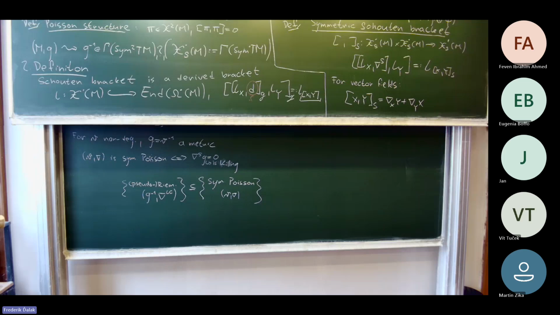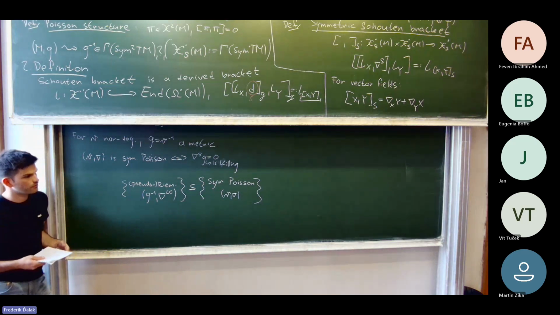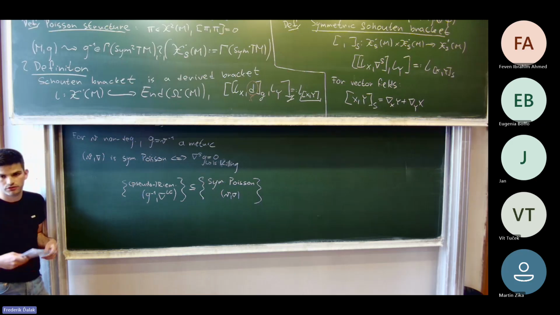So very successful, and moreover, this gives you that every manifold admits a symmetric Poisson structure, because every manifold admits a pseudo-Riemannian metric. It is a similar claim as in Poisson geometry, but in Poisson geometry the argument is quite different, because the argument is that you can take a zero bivector in every manifold.